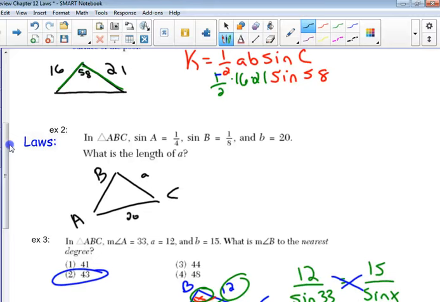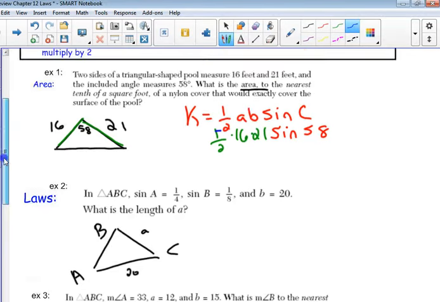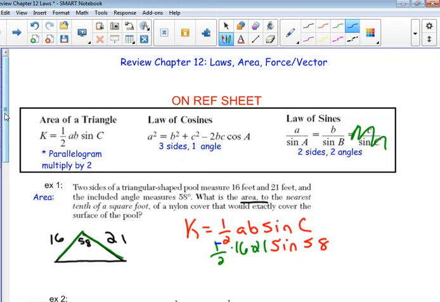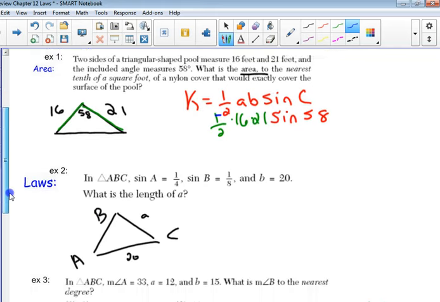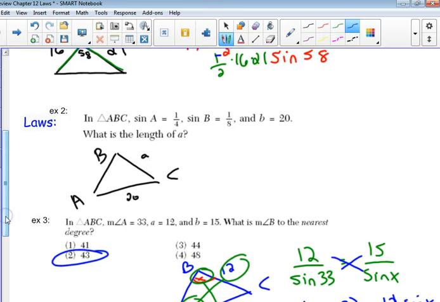Here we got it. Okay. She said that you should just put in, you know what sine A is, so put it right into the formula as what it actually equals. Good job, Zoe. Alright. So when you guys look at your formula, the formula looks like this. a over sine A equals b over sine B, right?